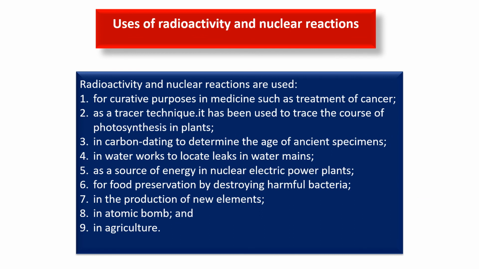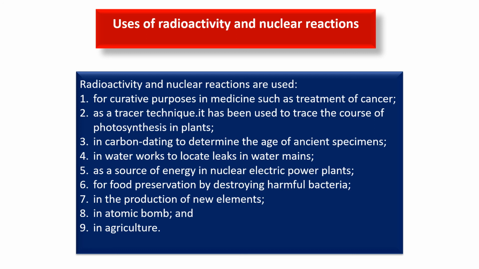Here are the uses of radioactivity and nuclear reactions. It is used for curative purposes in medicine and as a treatment of cancer. It is also used in carbon dating to determine the age of ancient specimens. Radioactivity is also used as a source of energy in nuclear electric power plants and is also used for food preservation by destroying the harmful bacteria.